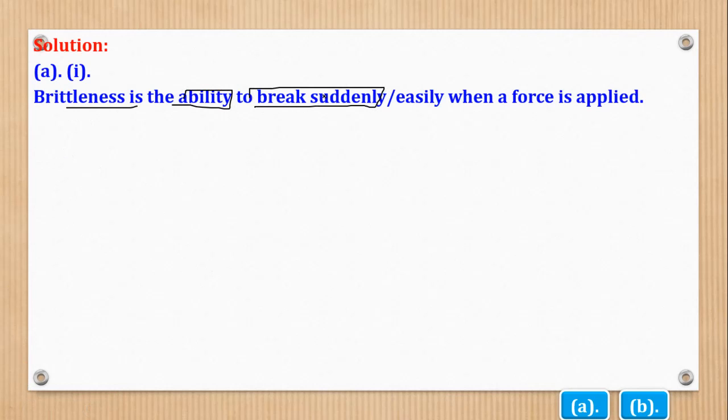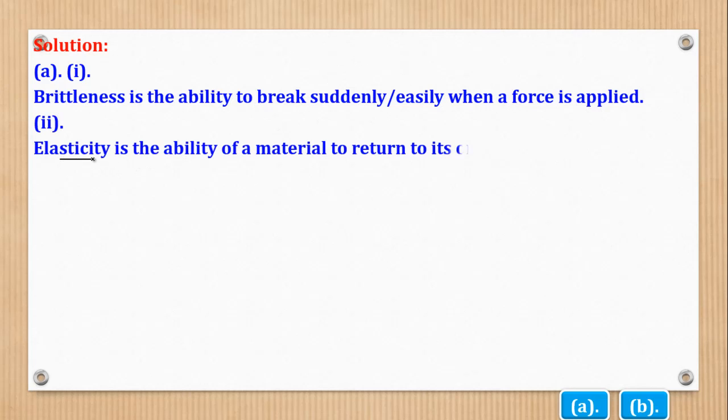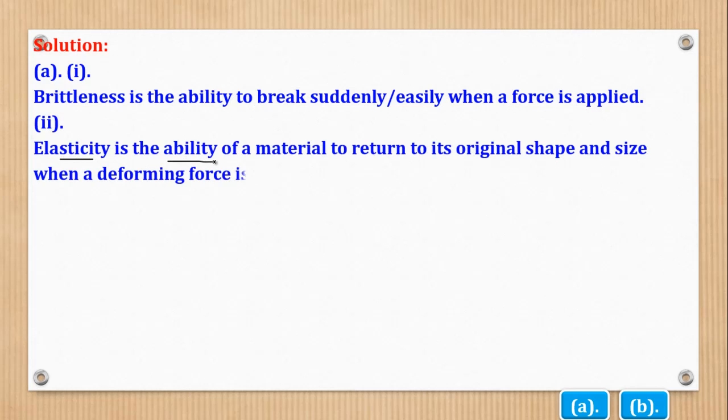You can either use the word suddenly or easily when a force is applied. What about elasticity? Elasticity is the ability of a material to return to its original shape and size when a deforming force is removed. So it has to return to its original shape and size.